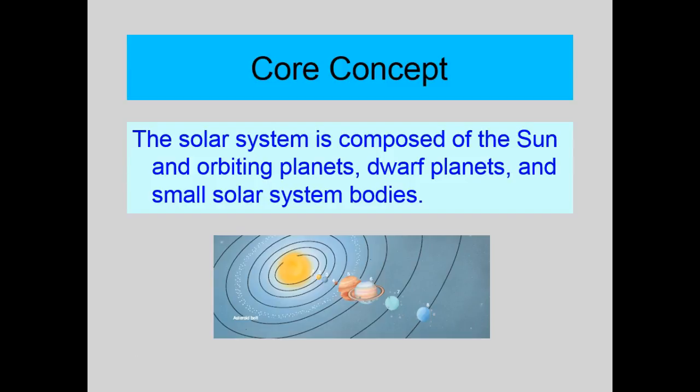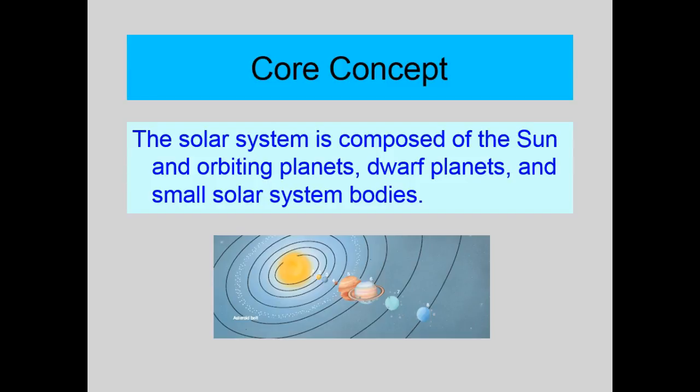The solar system is comprised of the sun, the center of it, the orbiting planets, which we're going to call 8 for now, dwarf planets, of which we're going to name at least 5, but there may be a few others, and other small solar system bodies that include the asteroids and meteors. Several of the planets also have moons around them. Those are all included in our solar system.